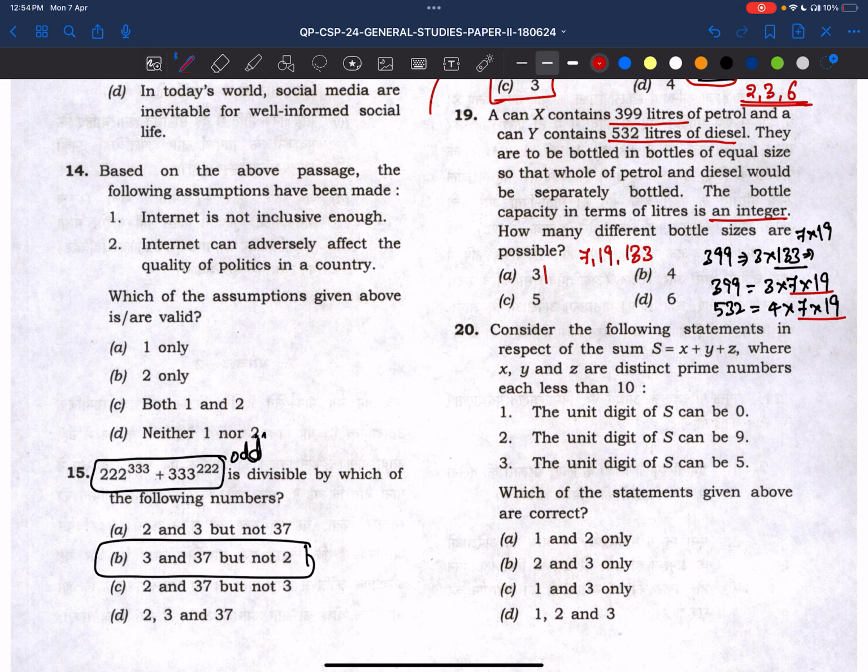But the answer is not 3. The answer is 4, because there is one other factor which is common to 399 and 532. That is 1. I made this mistake in the exam. I marked 3, but the answer is 4. That's why I am telling this separately, and why I wanted to stress on this.